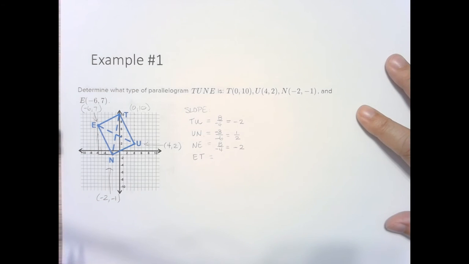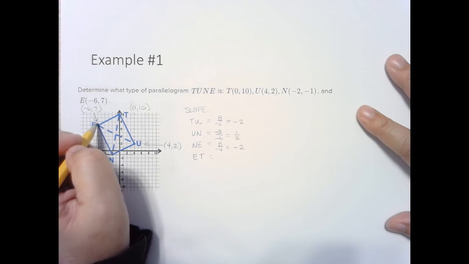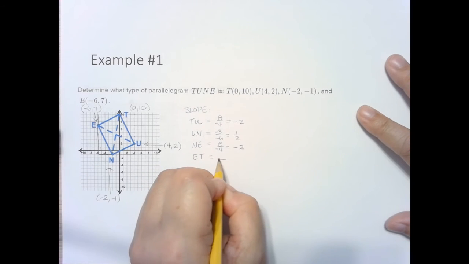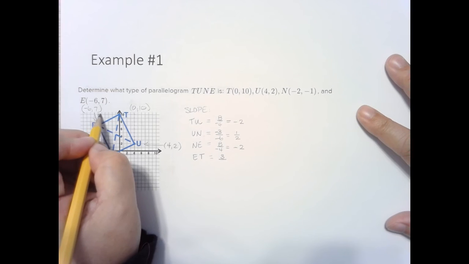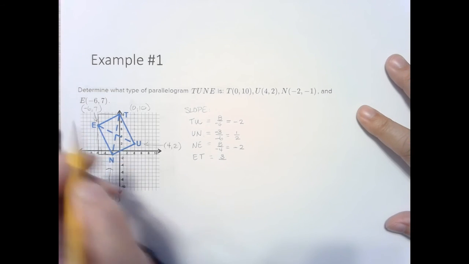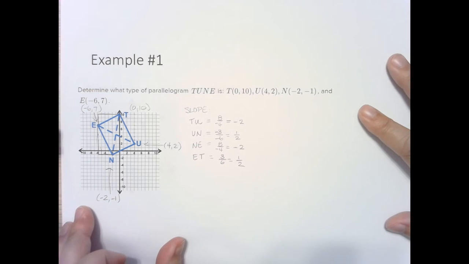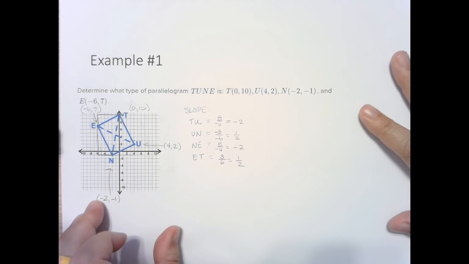So I get -2. All right, and then E to T, I go up 1, 2, 3. And then I go over 1, 2, 3, 4, 5, 6. Okay, so that's how I counted my slope using rise over run.